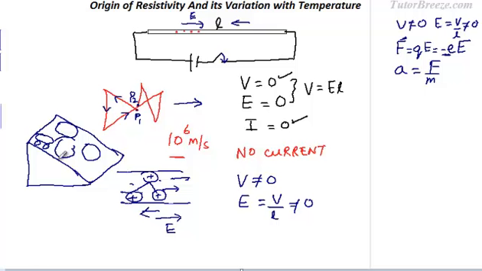The toy car tends to move from, say, A to B because it experiences a force in this direction, but if it keeps hitting these boulders, it can't move in a straight line. It keeps getting deflected in random directions, but still it will keep rolling downwards. The same thing happens in the case of electrons. The electrons will experience a force.